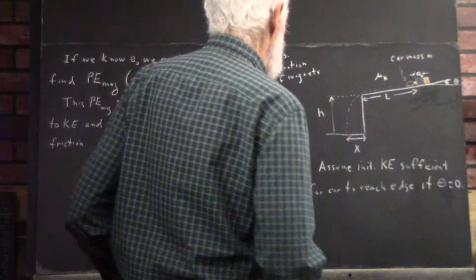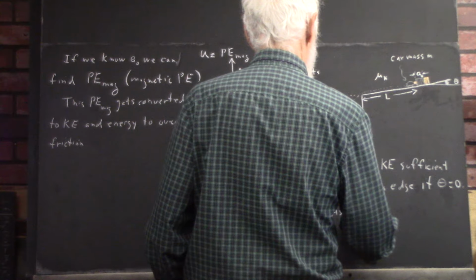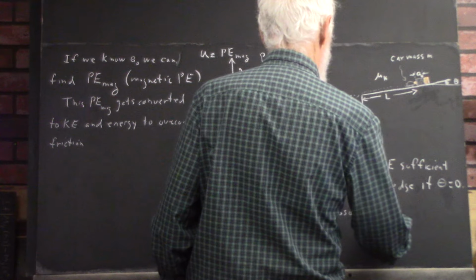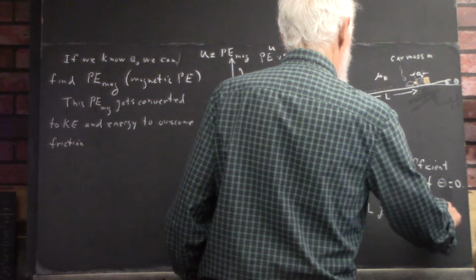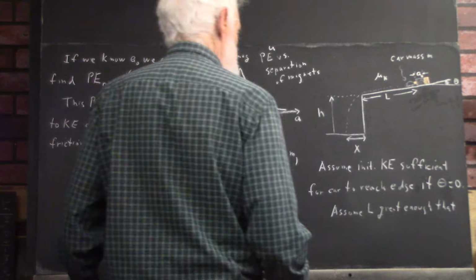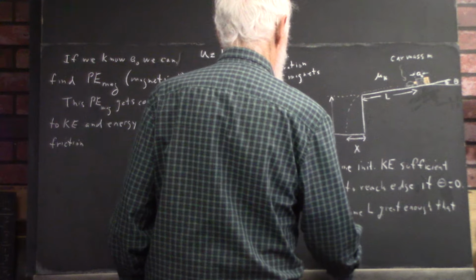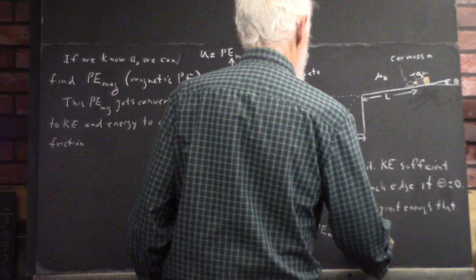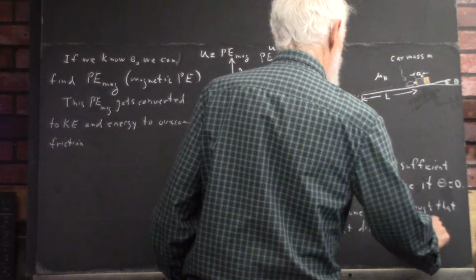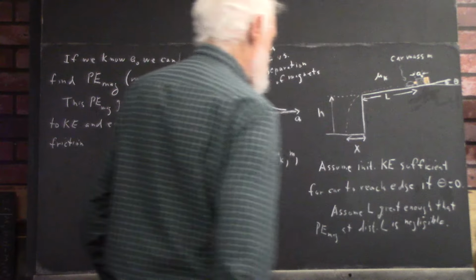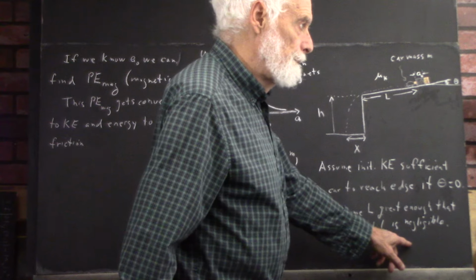So we're going to assume that L is great enough that the magnetic potential energy at distance L is negligible.